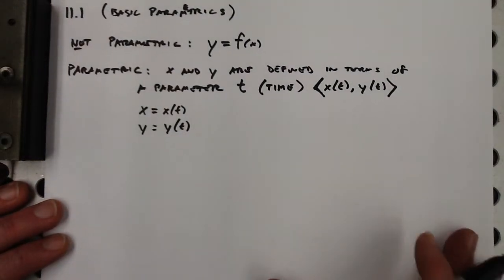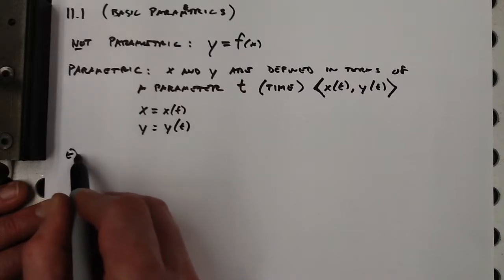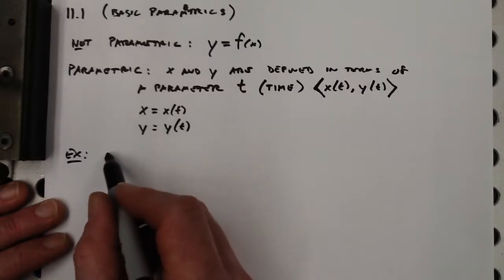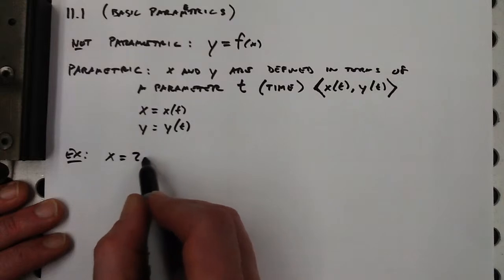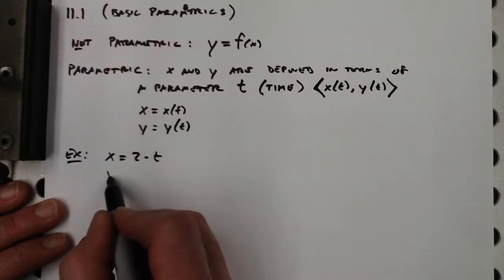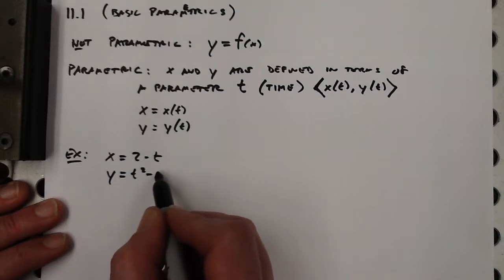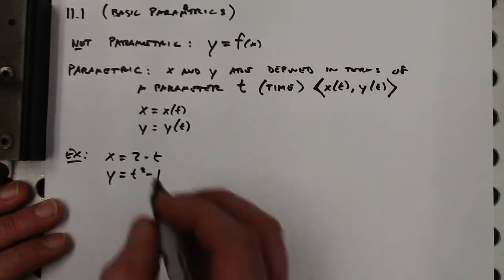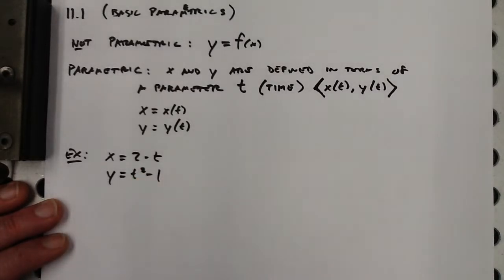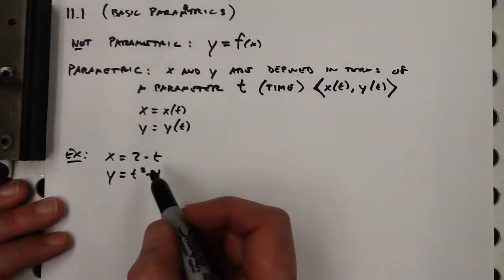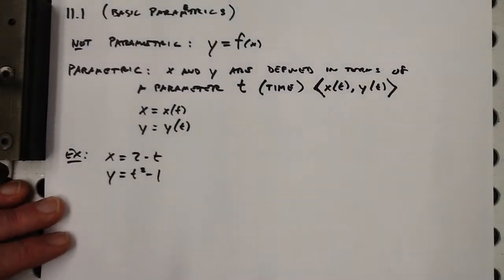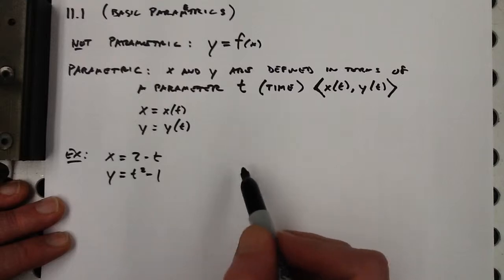Okay, so let me give you an example, a simple one. Let's say we have the parametric equations x equals 2 minus t and y equals t squared minus 1. And we wanted to just play around with this, see what it looks like and what it feels like, that sort of thing.